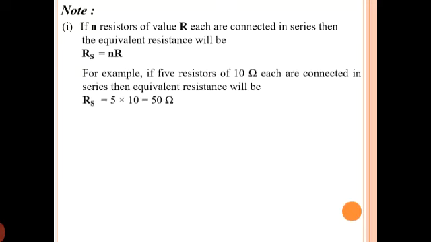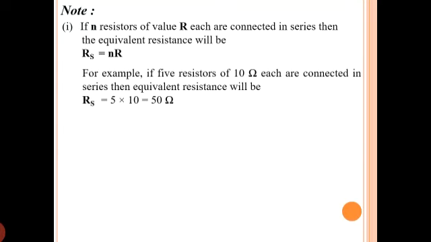So n is the number of resistors and R is the value of each resistor. If each resistor has the same resistance in a series combination, then we can apply this direct formula n into R. One example I have given to you: if there are five resistors of 10 ohm each connected in series, then the total resistance will be just 5 into 10, that is 50.